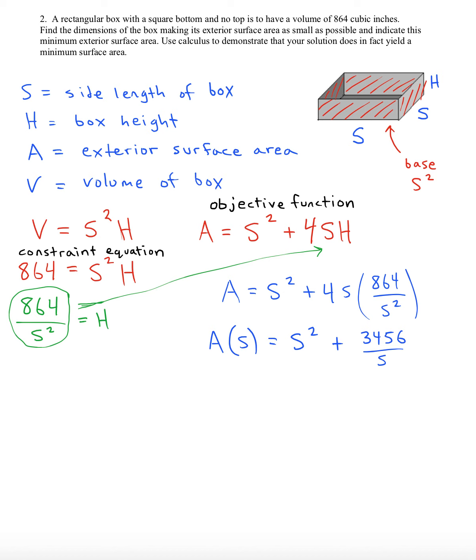So let's get its derivative. We'll have 2S minus 3456 over S squared. We want to set that equal to 0 now.